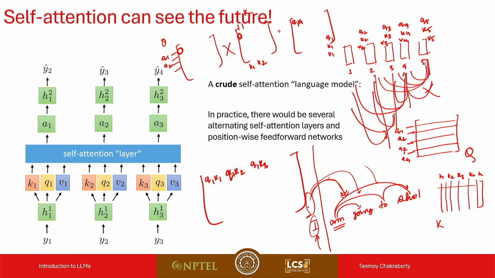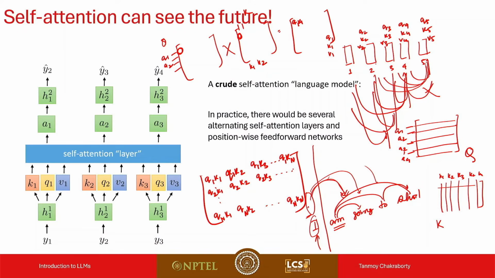These are all dot products, dot, dot, dot, Q1·Kn, where n is the size of the decoder. Similarly, dot, dot, dot here, Qn·K1, Qn·K2, dot, dot, dot, Qn·Kn. And this row is Q2·K1, Q2·K2, Q2·K3, and so on and so forth.